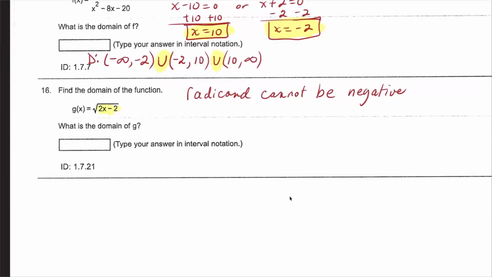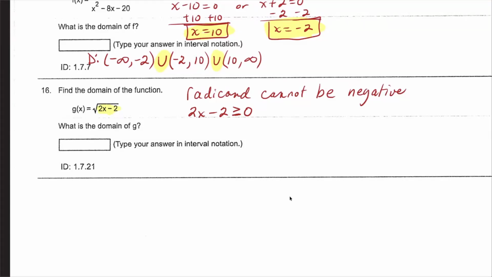And the way you do that is you take the radicand, 2x minus 2, and you tell it, hey, this is what you can be. You can be positive, which means greater than 0, or you can be equal to 0. So we set the radicand greater than or equal to 0. And then we solve to find out what values of x meet that criteria.